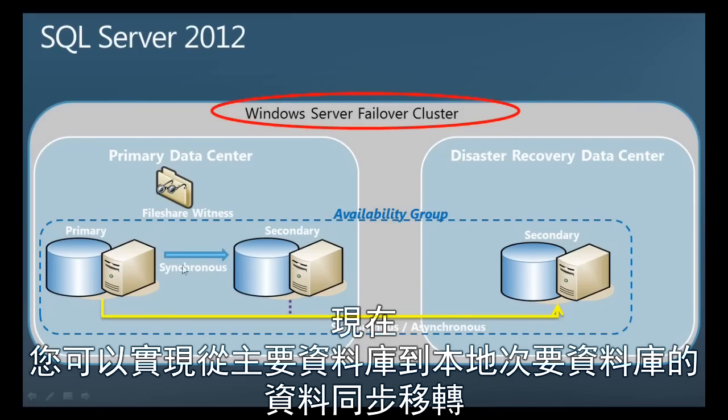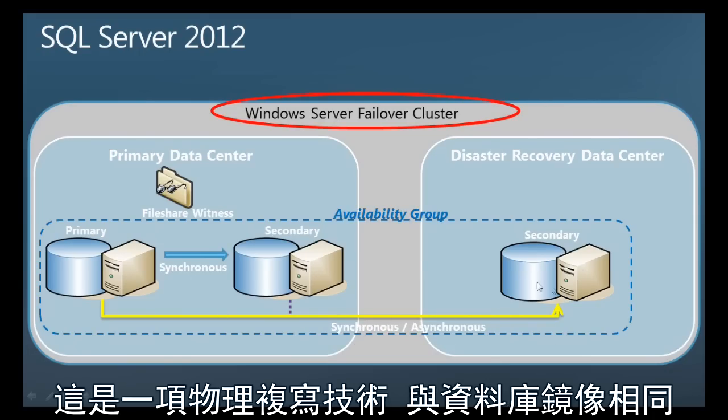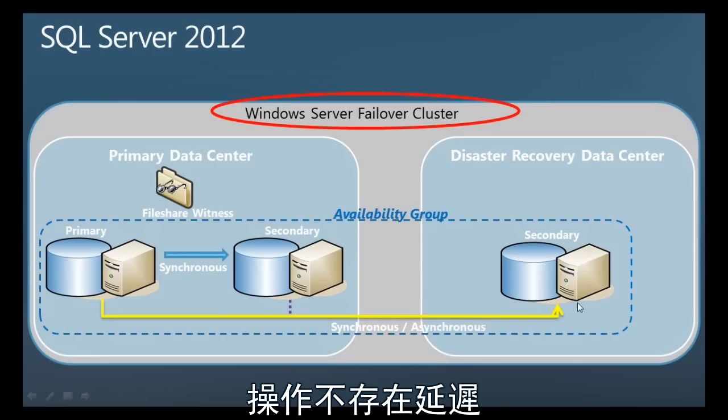So now you can have your synchronous data movement from the primary to your local secondary, and you can also have another data movement, either synchronous or asynchronous, from the primary to your DR secondary. This is the physical replication technology, same as database mirroring. There's no delay applied.